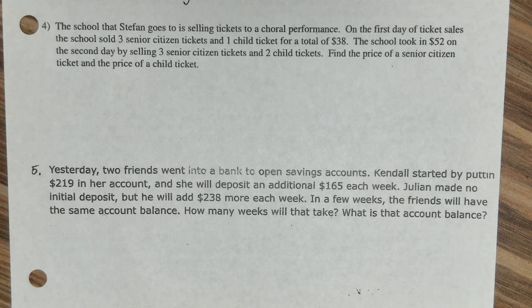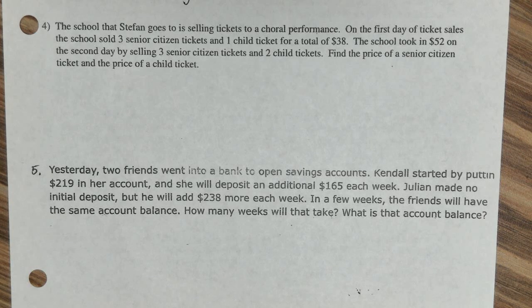Okay, this one looks more like the ones we've done before. The school that Stephen goes to is selling tickets. On the first day, he sells 3 senior citizen tickets and 1 child ticket for a total of $38.